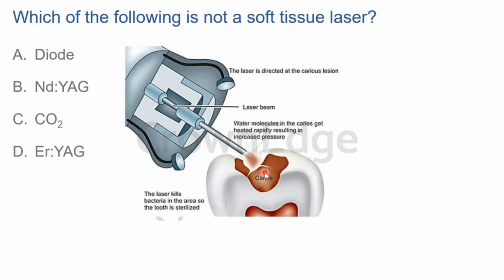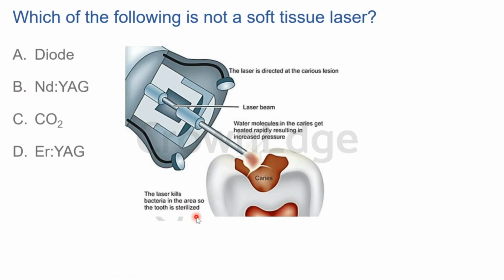So the water molecules inside this decay get heated up rapidly, and that disrupts, creating micro explosions at various sites, and that will effectively remove the decay. This also helps in killing the bacteria, as there is so much irradiation of a laser beam in a specific area. There is also a bactericidal effect, so the tooth is sterilized and it is delivered clean.